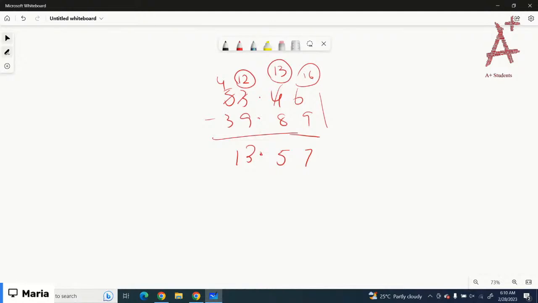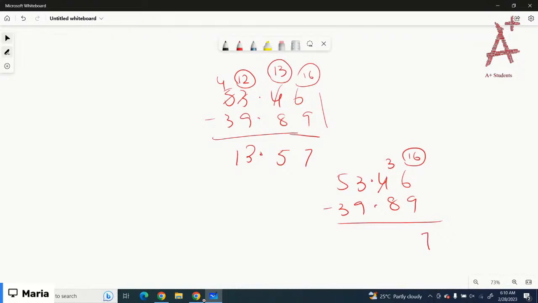Let's start with the ones digit again. Just listen to me carefully. 53.46 minus 39.89. You cannot subtract 9 from 6. Got it? You have to borrow 1, so it would be 16. 16 take away 9 is 7.